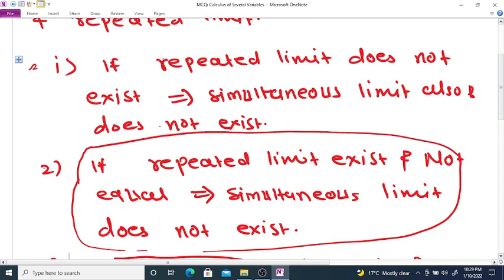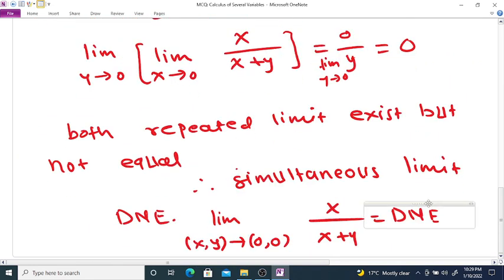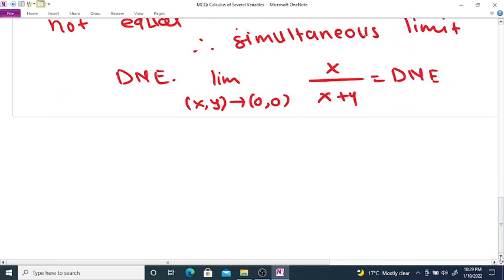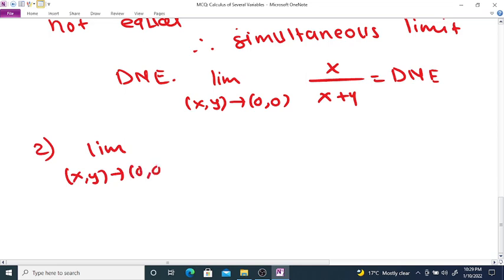Now we take an example of: if the repeated limit does not exist, then the simultaneous limit does not exist. Take a second example: the limit as (x, y) tends to (0, 0) of x plus y divided by x.